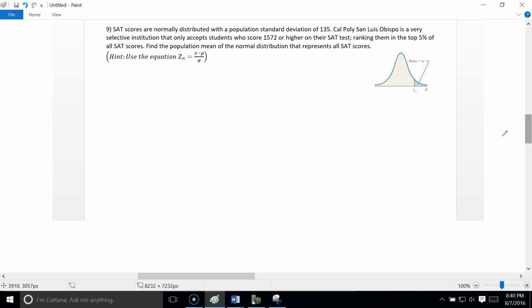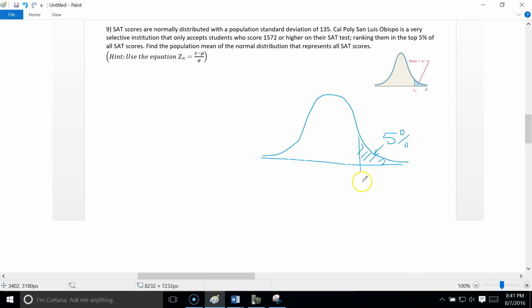Okay, so we have to study our normal distribution given. So we are told that we have a score that separates the top 5% of scores. So the picture should look something like this. And so this little section over here is 5% of the distribution.